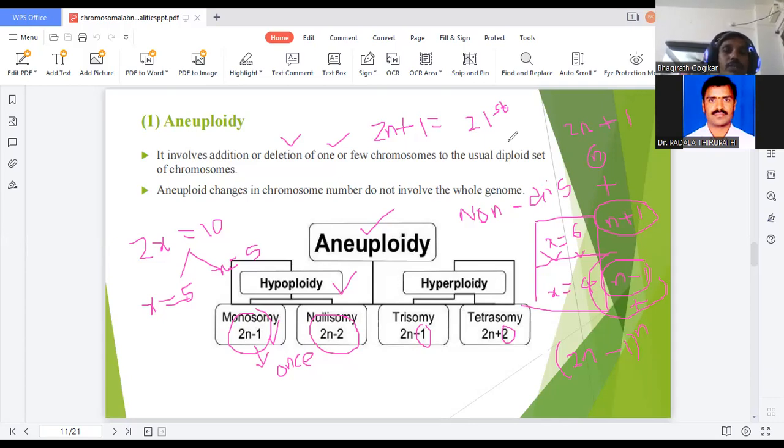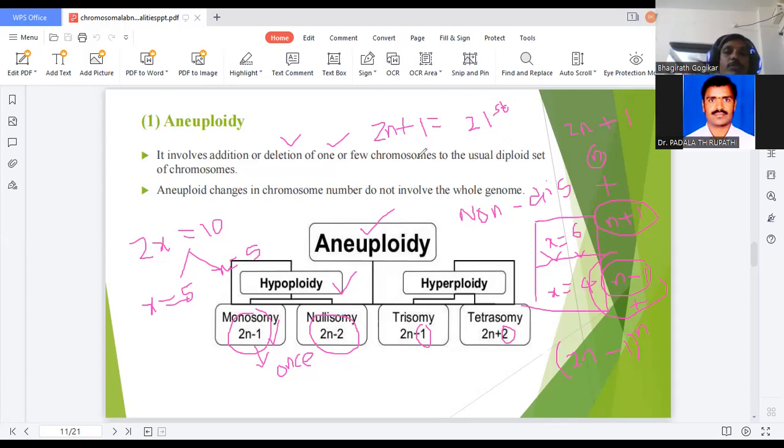A 1, B 2, C 3, D none. In a person suffering from Down syndrome, you can examine the cell containing 21st chromosomes: 1, 2, 3, none.